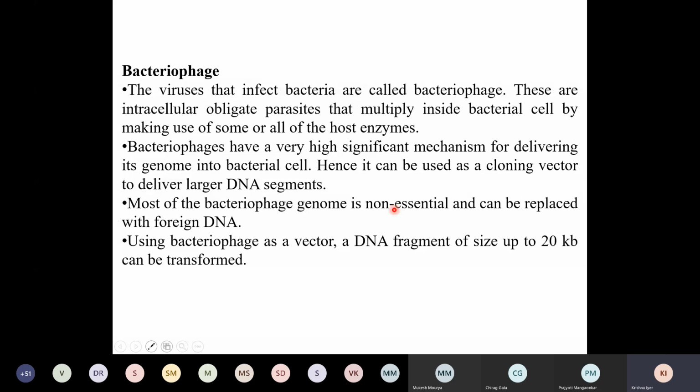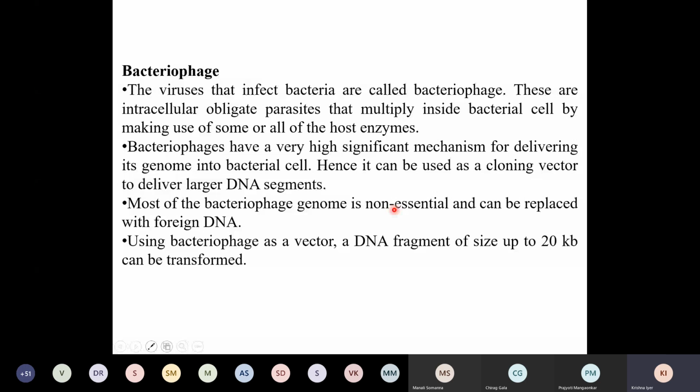But what we do typically, if I want to take a foreign DNA in, is modify the genetic sequence of the virus itself and put the piece of DNA in the viral genome in such a way that the virus still is functional, so that later when it infects a bacteria, it will deliver my DNA also. The advantage of using bacteriophage as a vector is that it can take up slightly bigger sizes, up to 20 kilobases.